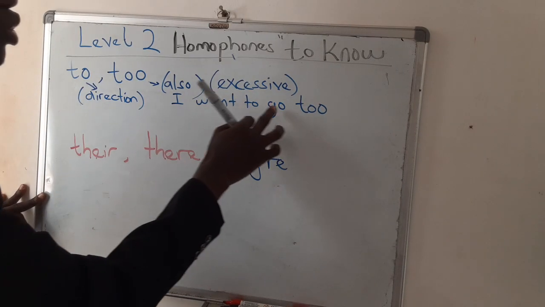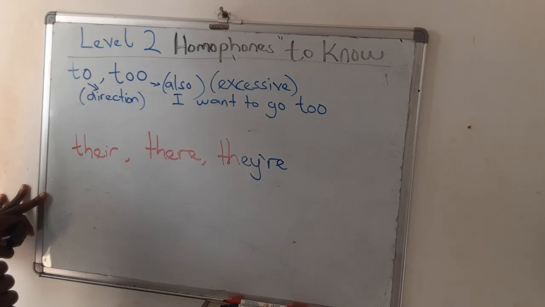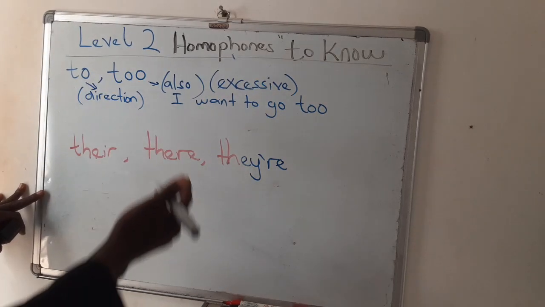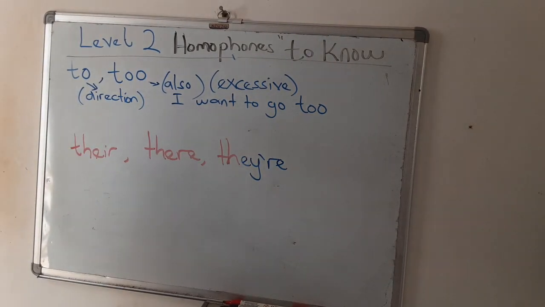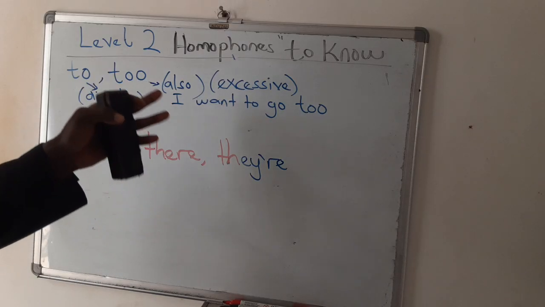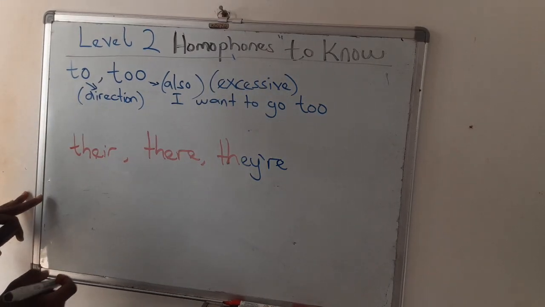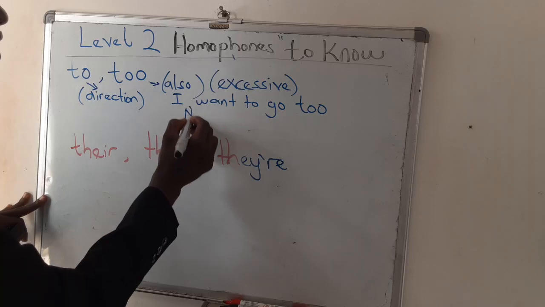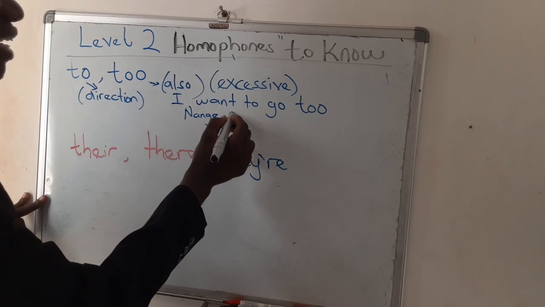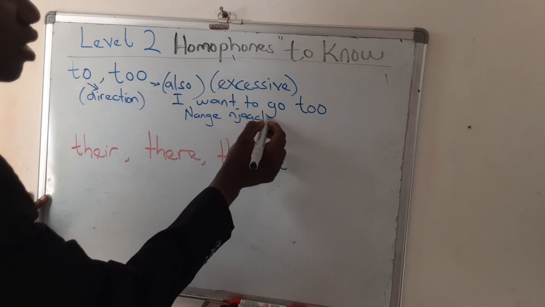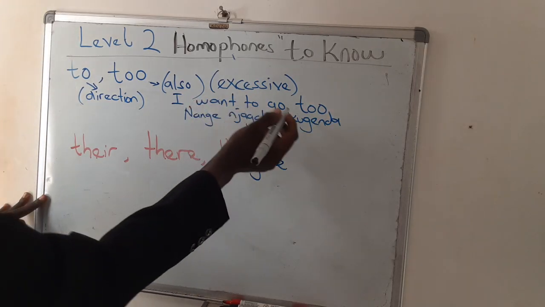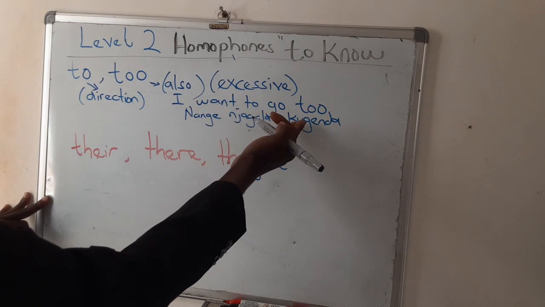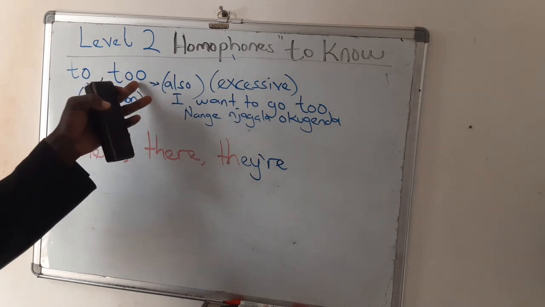I want to go too, which means you want to be part of the action of going. Are we together? So you are also involved in going. Nange njagala okugenda. So I want to go too, it means nange njagala okugenda, yagala nawe kwetabamu, too, also.